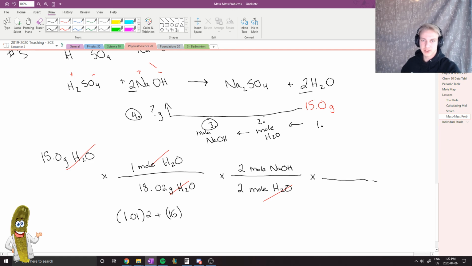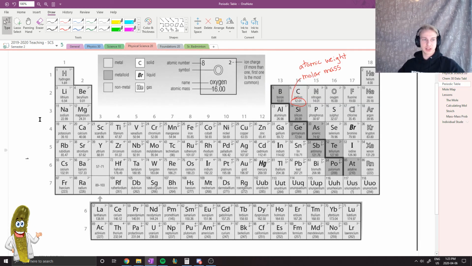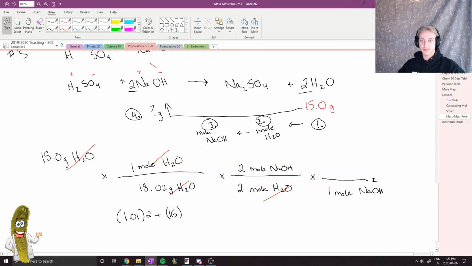will be going into grams of NaOH. So again, we want to use 1 mole of NaOH, and the reason we're using 1 mole is because whatever molar mass we calculate for NaOH, that will be equivalent to 1 mole. So this entire fraction would then equal 1. Looking at our periodic table, sodium is 22.99, oxygen is 16.00, and hydrogen is 1.01.